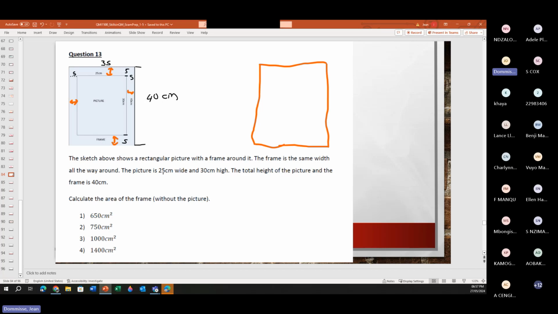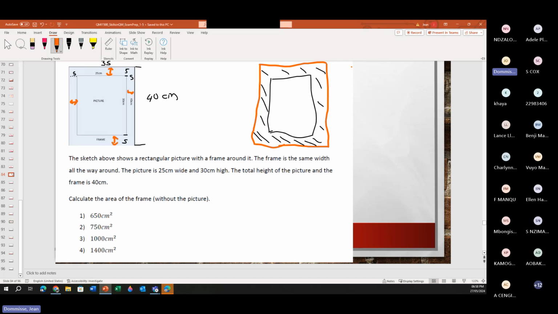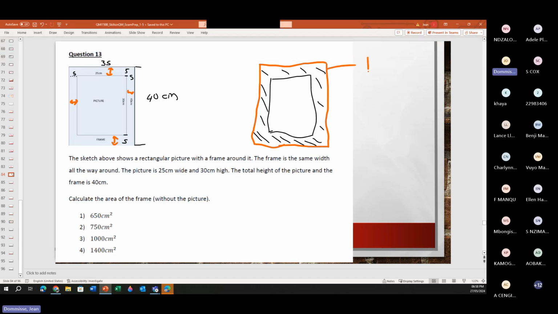Okay, so when they ask us to calculate the area of the frame without the picture, basically what they want us to work out is the frame. So we will work out the total area of the orange, which is length times breadth, or height times width, or whatever.